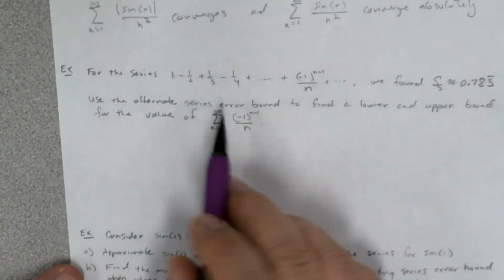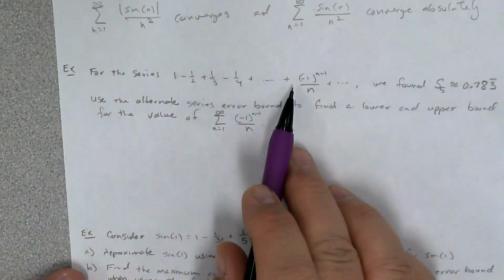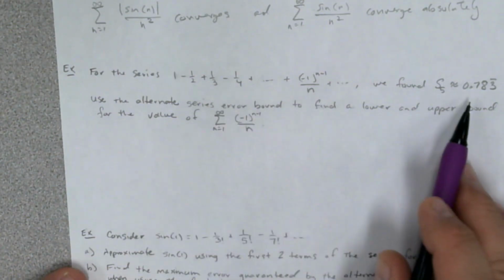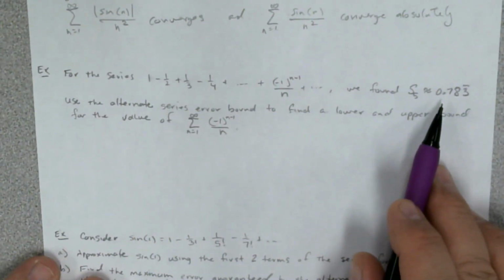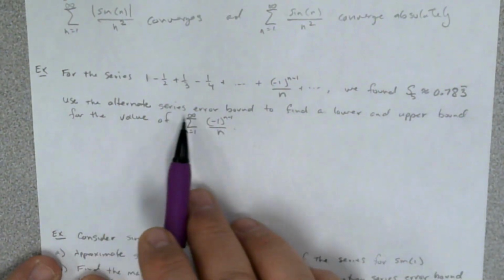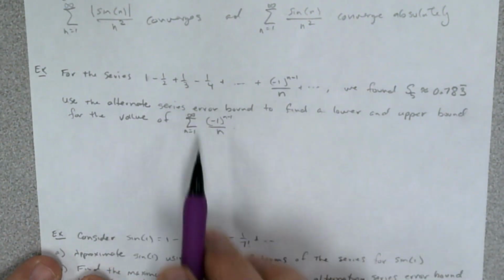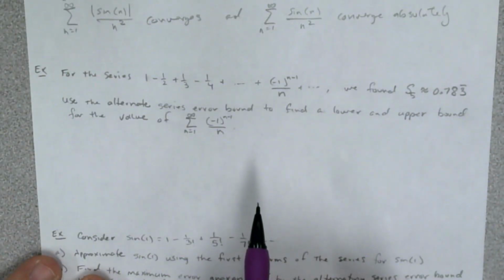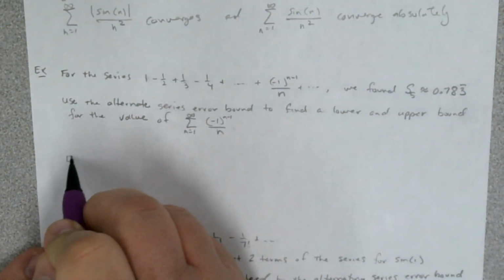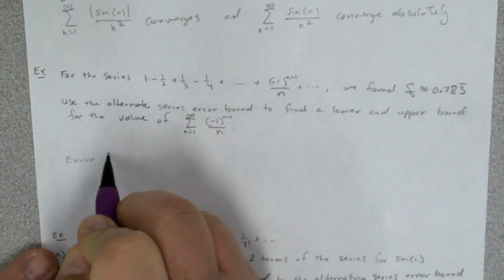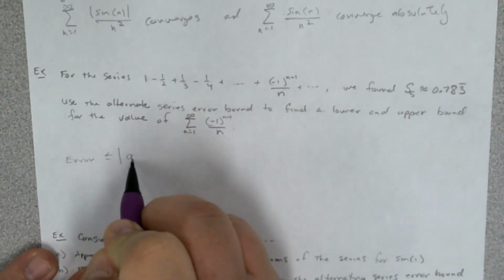So here's the series. We just found out that the sum of the first 5 terms is equal to that right there. So this is the same series we were looking at. We use the alternating series error bound to find a lower and upper bound for the value of this sum. We know that our error is going to be less than or equal to the absolute value of a sub n plus 1.